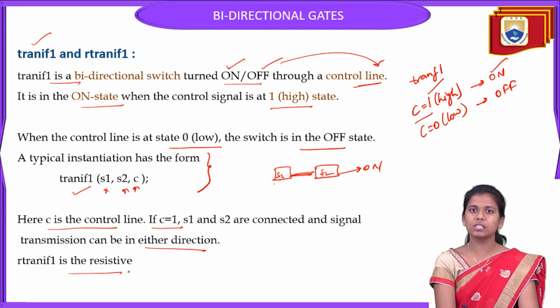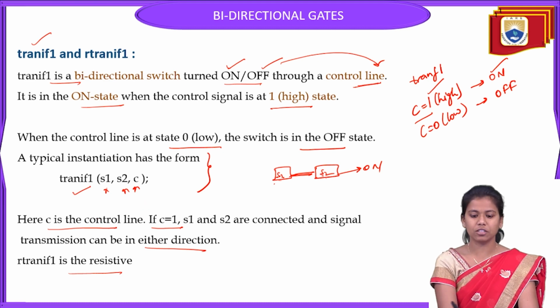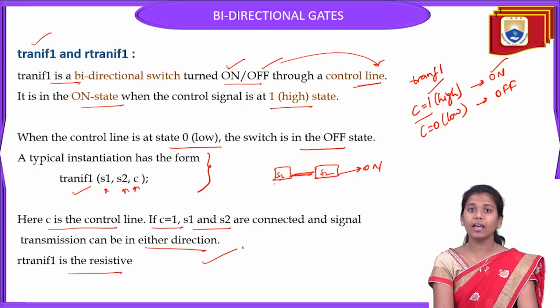When the control signal is 1, that is, in the high state, the two signal lines S1 and S2 are connected to each other, which means the switch goes to the on condition. The signal flow can be in either direction, from right to left, from input to output, or from output to input. As it is a bidirectional switch, the signal flow can be in both directions.